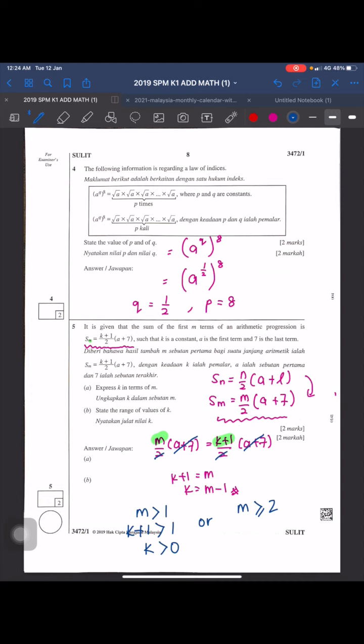Okay, ataupun kalau dia more than 2 terms, so kita ada lebih lah. So term T1, T2, T3 dan sebagainya. Okay, dan di sini kita tahu juga M is equals to K plus 1 is more or equals to 2. So, K is more or equals to 1. Okay. Boleh? So, itu saja untuk 5B. Okay, so di sini untuk 5B ni kita tengok mungkin ada 2 kemungkinan jawapan lah. Okay, so that's it for number 5.